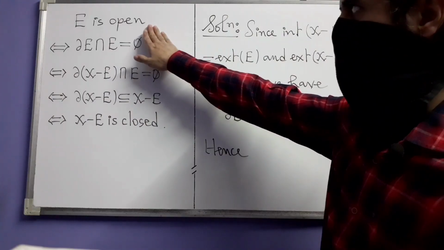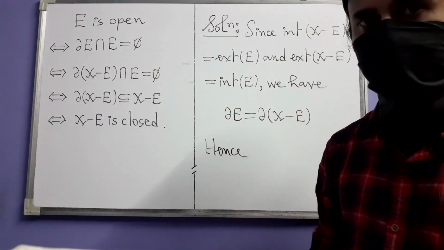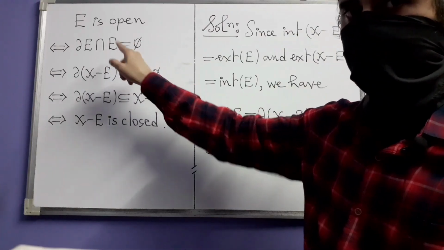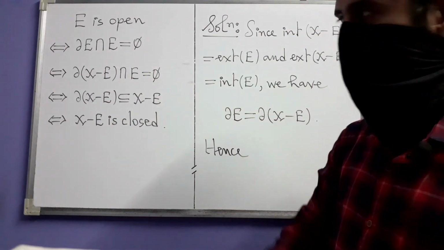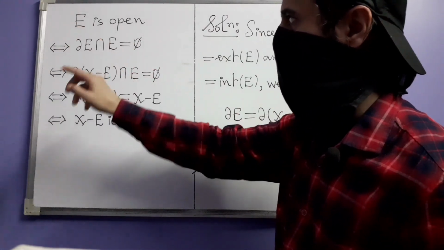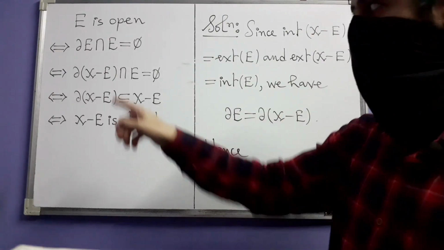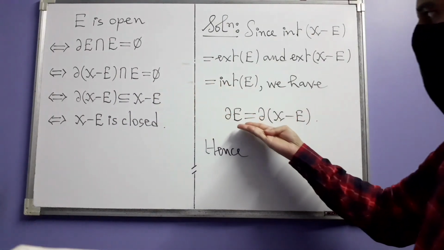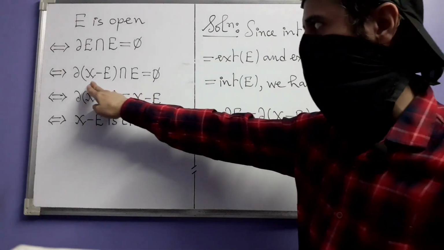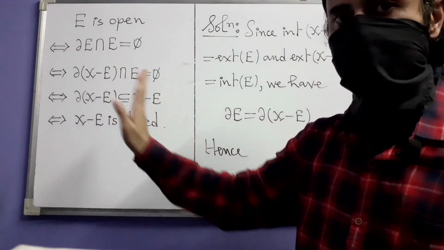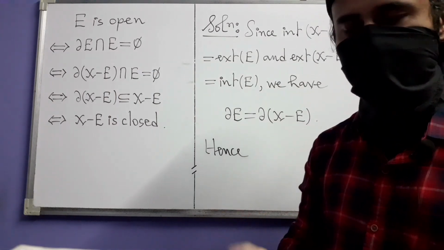Let's start with the statement E is open, whose meaning is just this. This is coming from the definition of an open set, that E does not contain any of its boundary points, that the intersection of E and its boundary is empty. But just now we have proved that that is just equal to the boundary of X difference E. So that also does not intersect E, there is no common point.